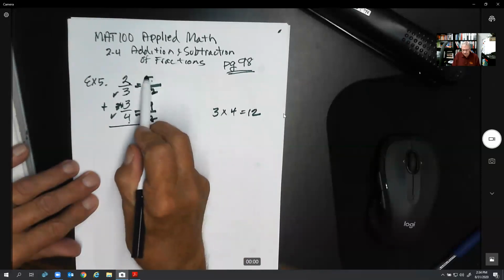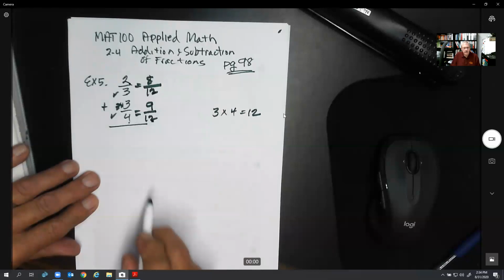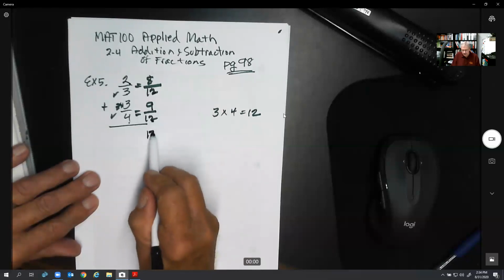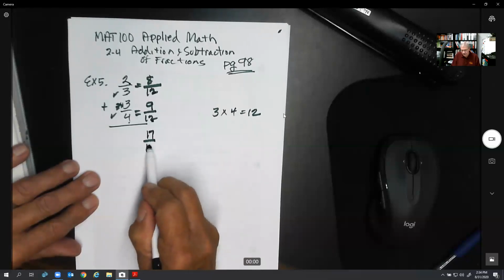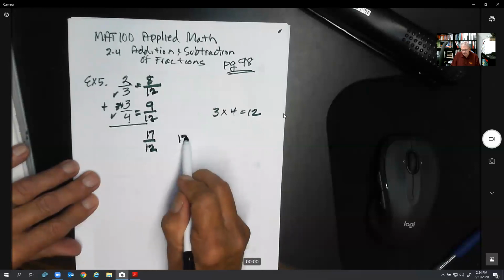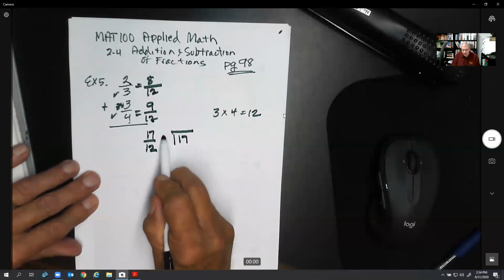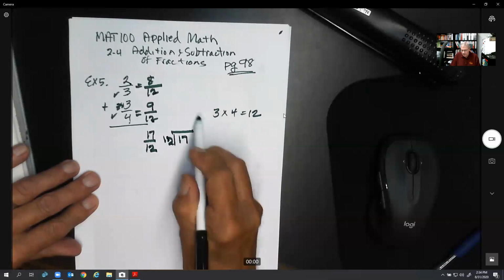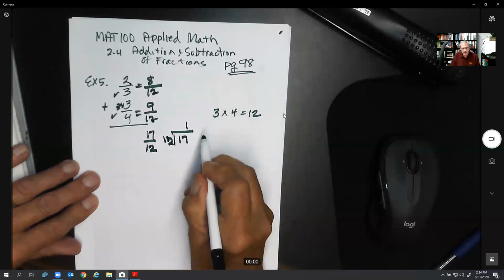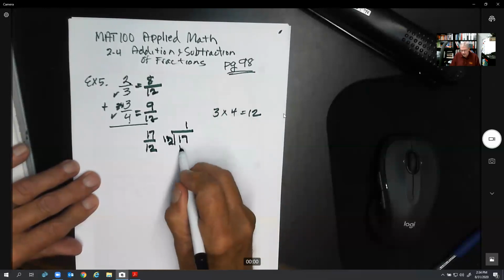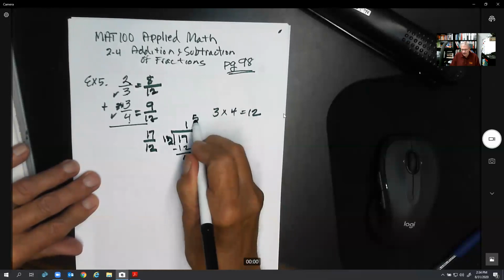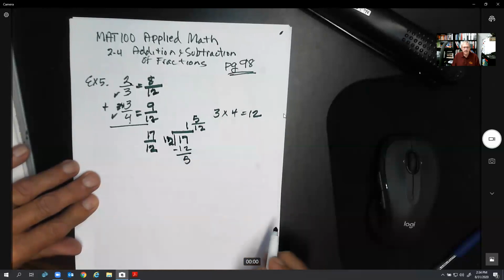Write it down. So my answer is 17 over 12. I'm going to convert that. It's improper. So that would be 5 left over. So it's 1 and 5/12.